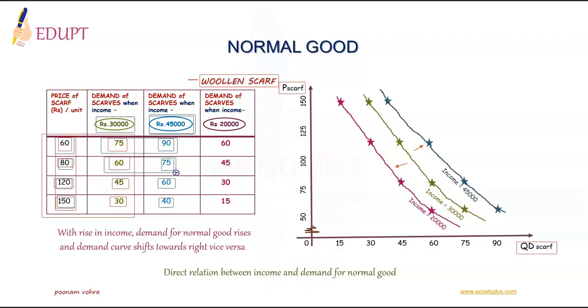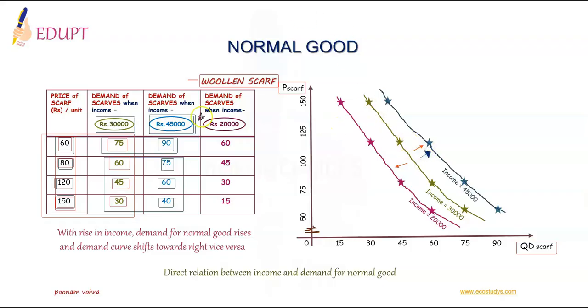From 75 to 90, from 60 to 75, from 45 to 60 and from 30 to 40 units with respective changes in prices. So when price and new quantity demanded are plotted, you get a curve which is downward sloping, of course, but it is towards the right of the previous curve.